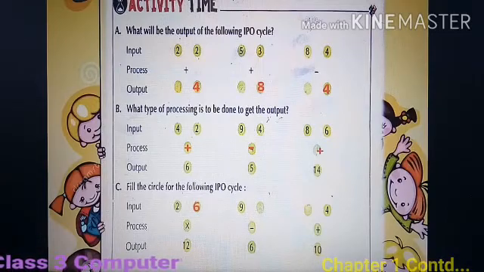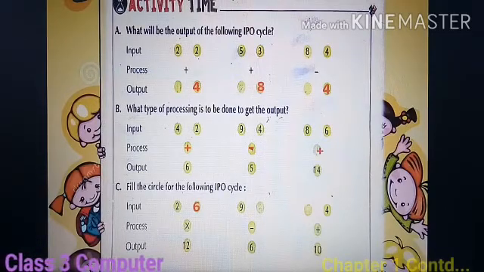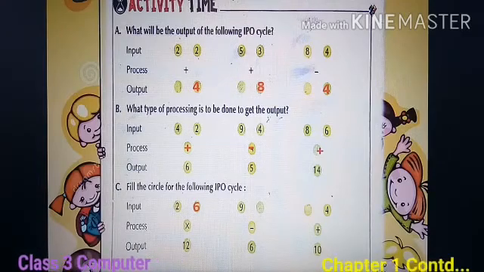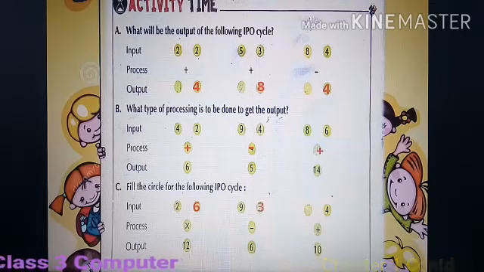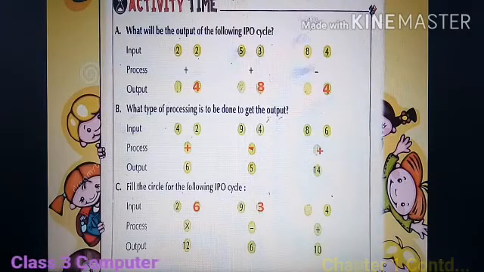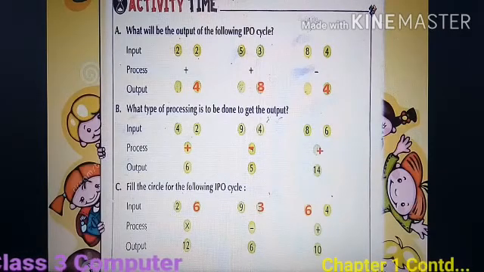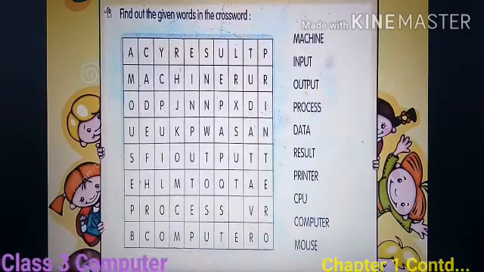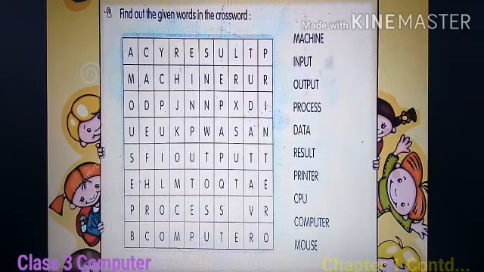In the second question, which number is subtracted from 9 to get the result 6? Yes, that is 3. In the third one, which number is added with 4 to get the result 10? Yes, that is 6.